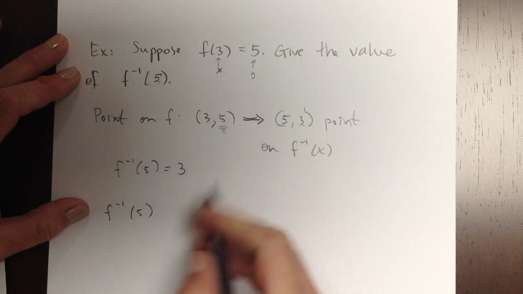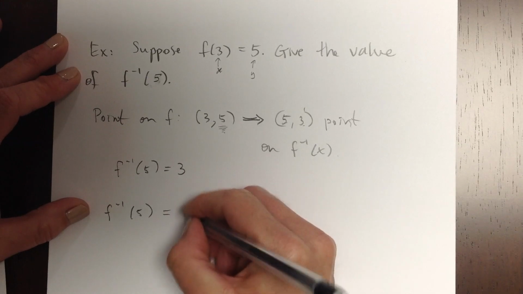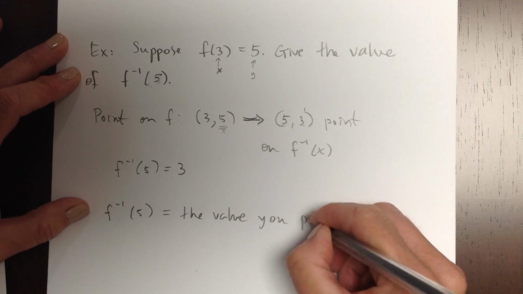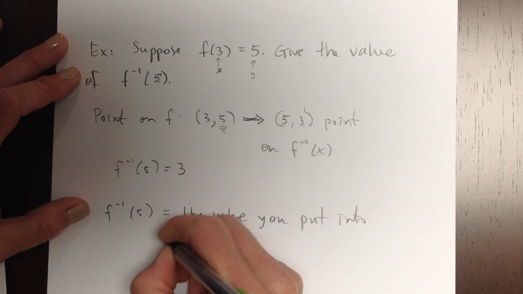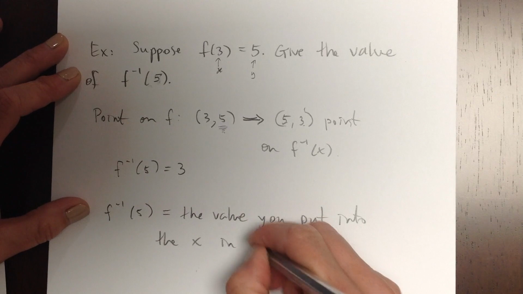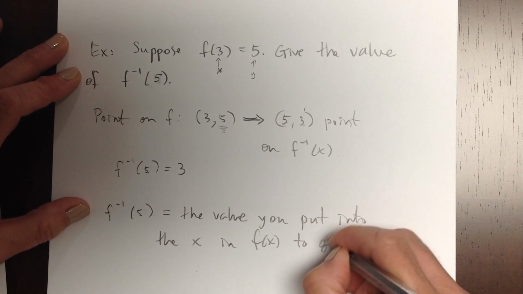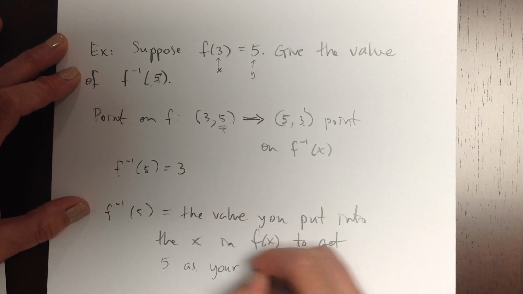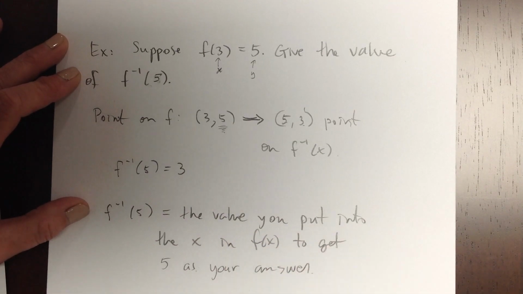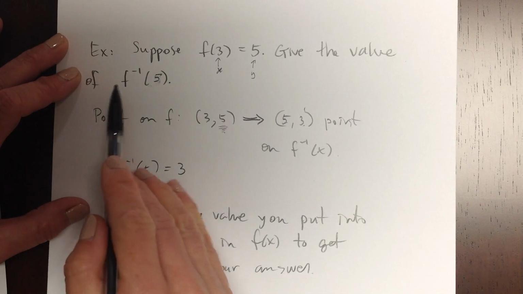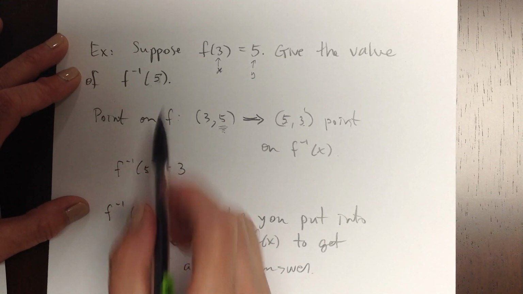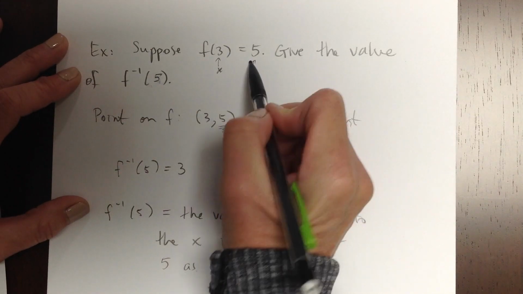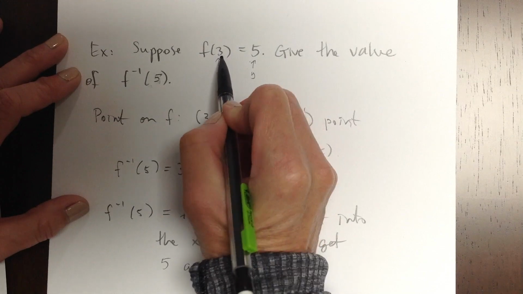And so what you're asking for is the value you put into the x in f of x to get 5 as your answer. Okay, so that's what you're really asking when a problem asks you to find f inverse of 5. What's in the parentheses is the output of the original function, and you're looking for the input that goes with it.